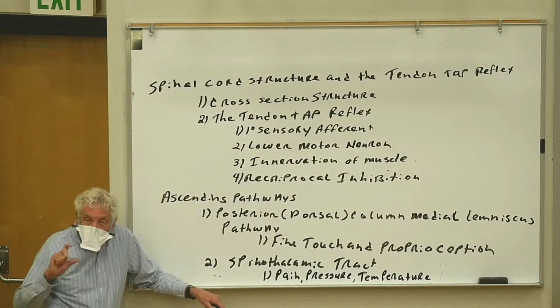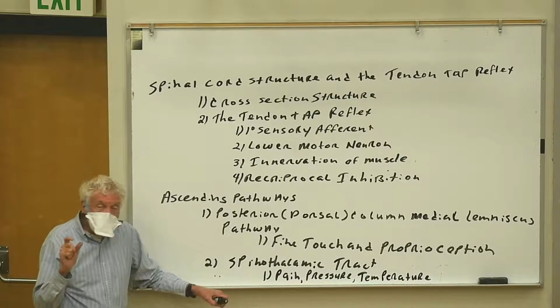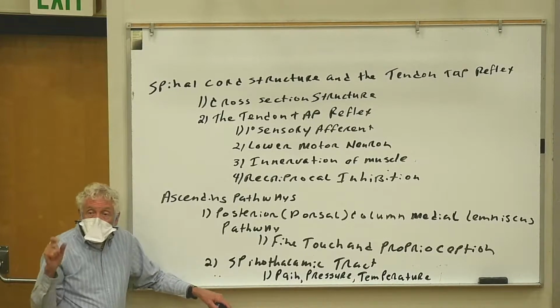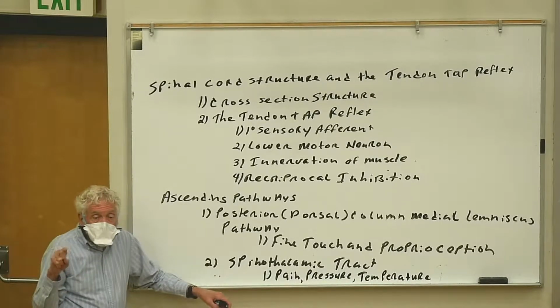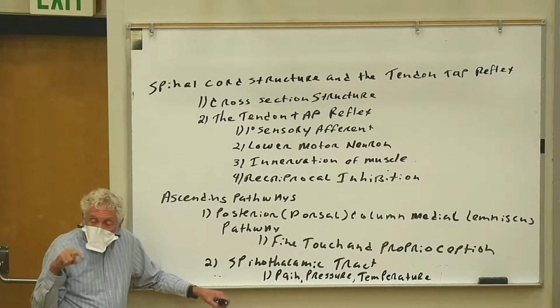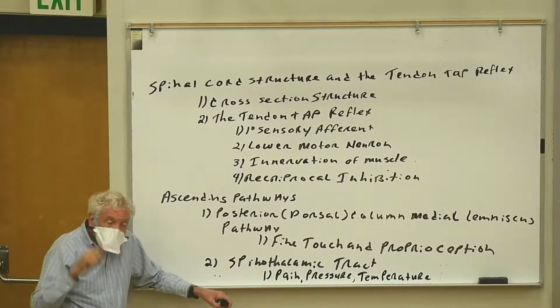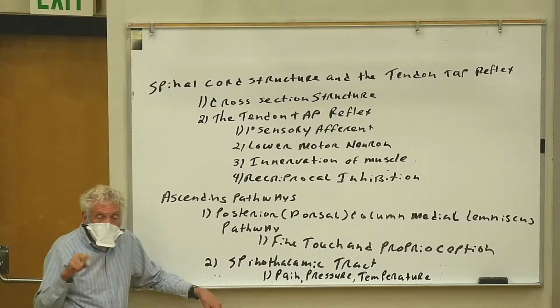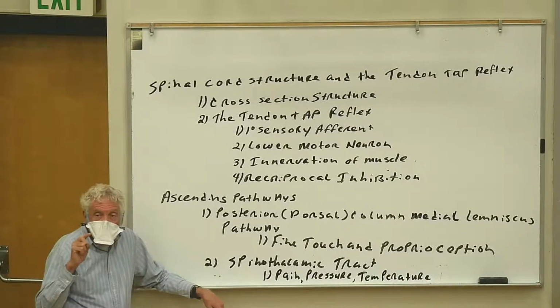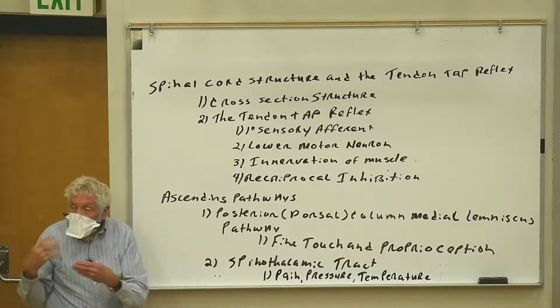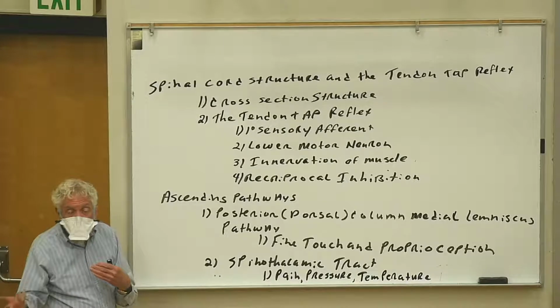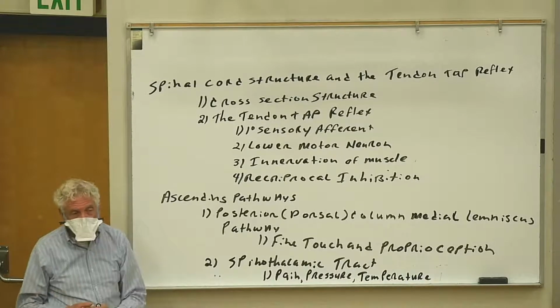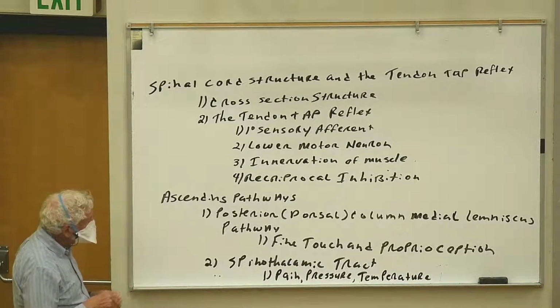That pathway is fairly simple: the primary sensory afferent synapses onto the interneuron, which is inhibitory, which inhibits the lower motor neurons going out to the hamstring muscle. So as we simultaneously activate the quadriceps, we're inhibiting the hamstring. And we'll walk our way through that circuit.